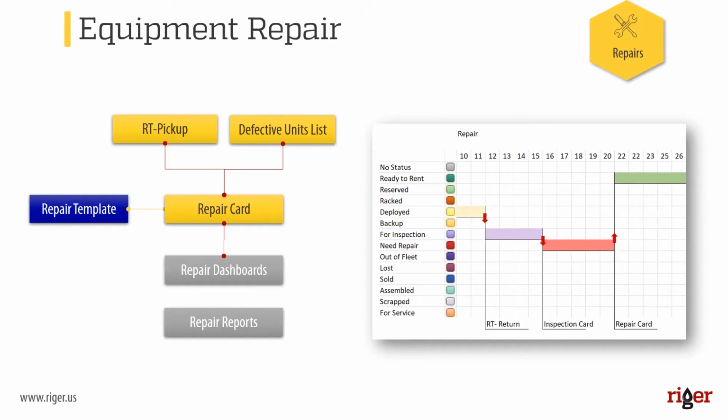And if the equipment needs repair, you will be using the repair cards, which are generated automatically after a rental ticket pickup when you pick your equipment up from the client side, or if the equipment stays at your location and sits in the yard and you identify that this equipment needs to be repaired, you will be using the defective units list, which also brings the equipment to the need repair status.